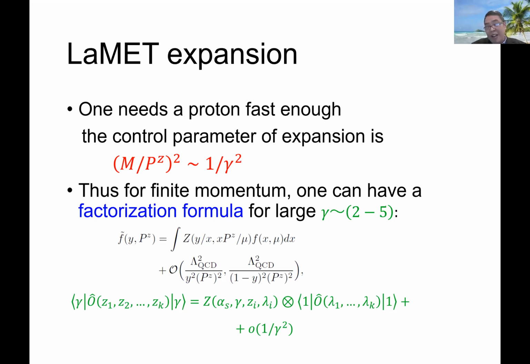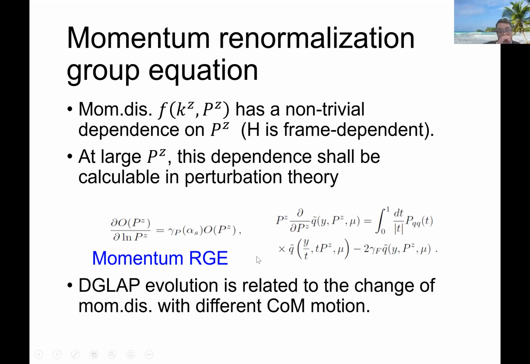But it's the same thing as in an experiment. If you want to probe very, very small x partons, you need to go to very, very high energy. Same thing in the calculation: if you want to calculate very small x partons, you need to create a hadron moving with large PZ. Okay, so in any case, this is the effective field theory formula for partons.